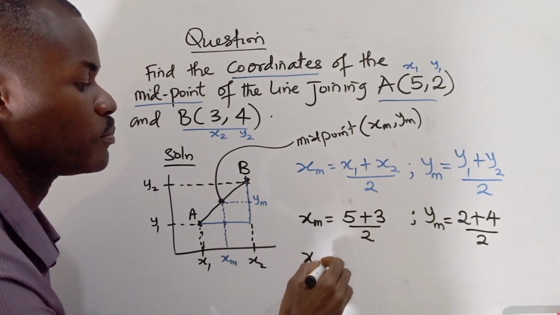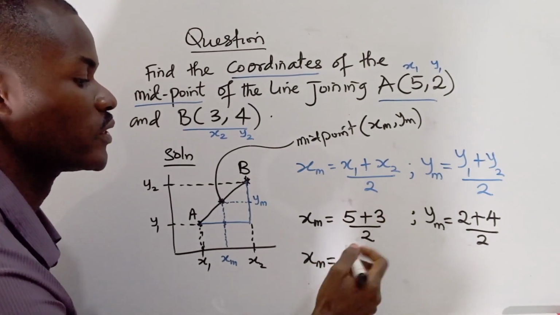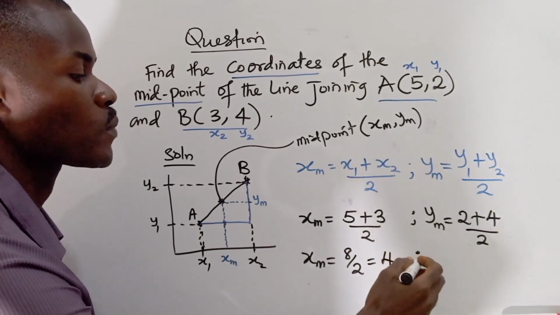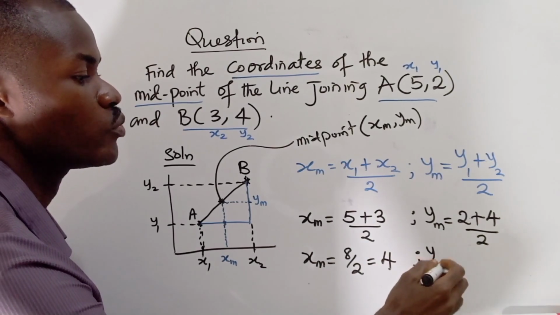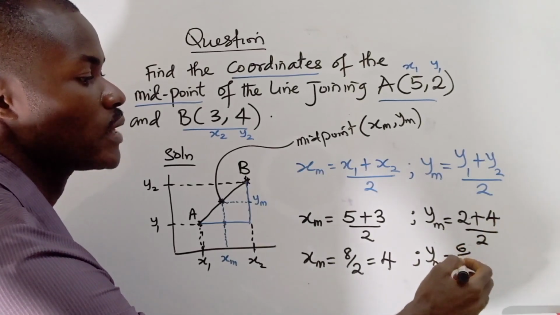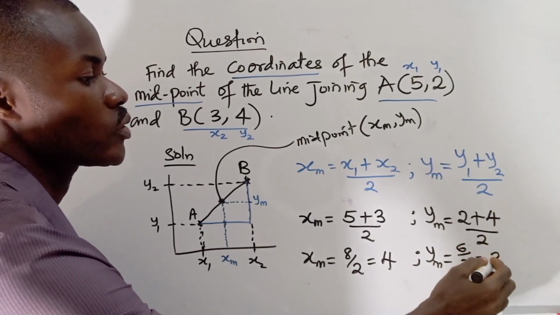So our x midpoint is going to be 5 plus 3 is 8, divided by 2, which gives us 4. And our y midpoint is going to be 2 plus 4 is 6, divided by 2, and that gives us 3.